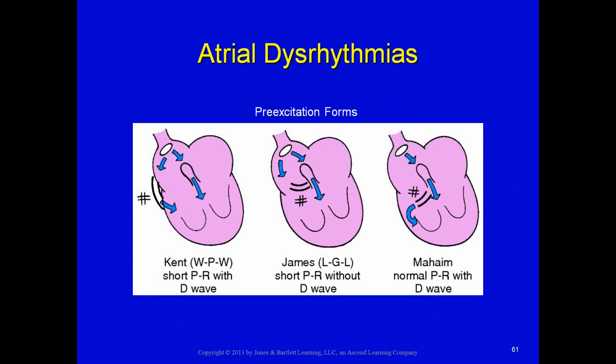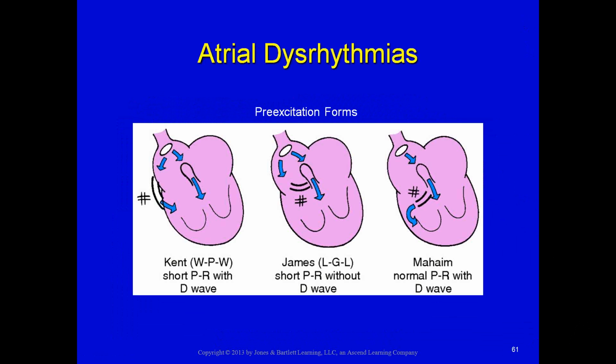And a delta wave is a little slurring in the QRS as the R wave starts to rise above the isoelectric line. And then there's a condition known as Lown-Ganong-Levine syndrome, where it travels through the bundle of James and bypasses the AV node, and you'll have a very short PR interval, but there won't be a delta wave with LGL.